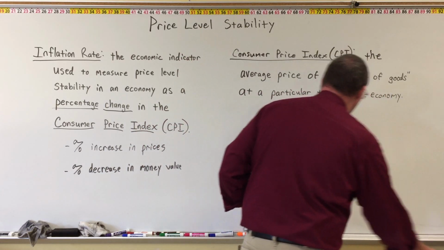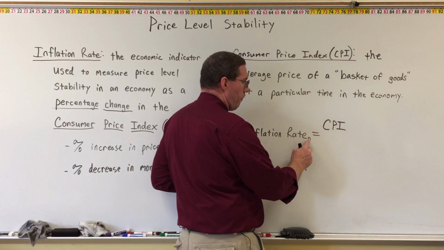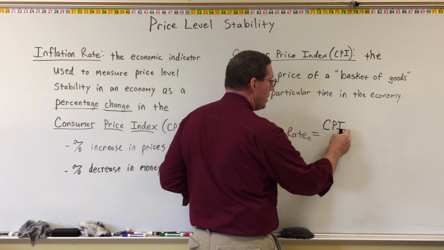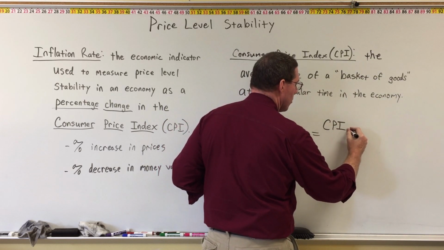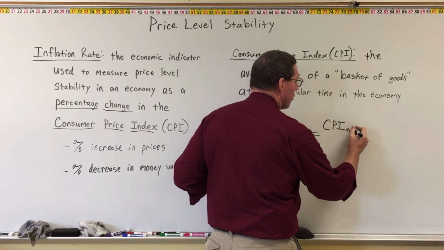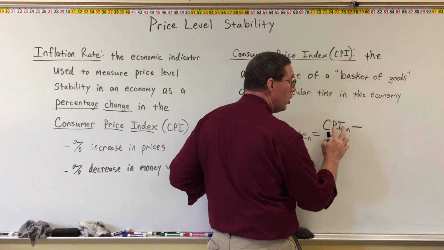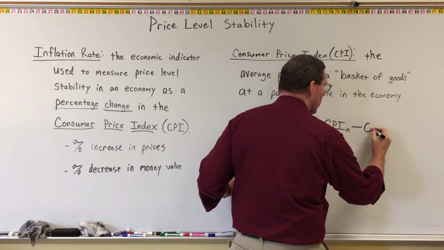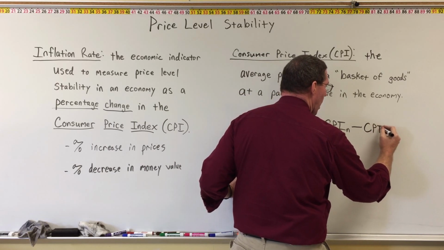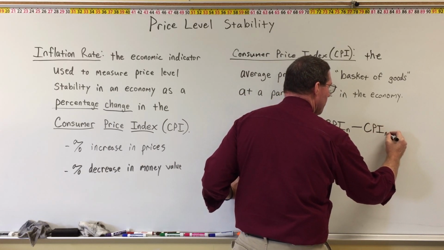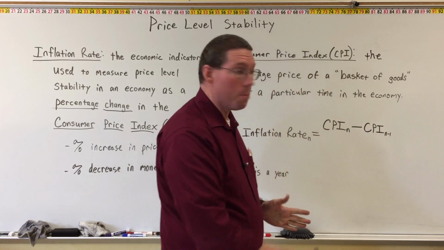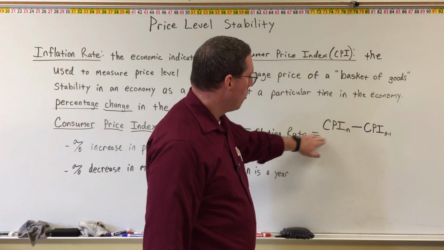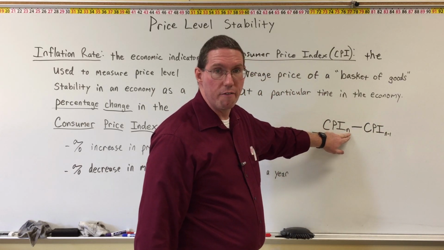Okay, so to get the inflation rate for a year, you're going to take the CPI of that year, so sub n, and you're going to subtract away, now this is the new number, you're going to subtract away the old CPI. You're going to subtract the CPI of n minus 1, the year before. So if we want to know 2007, we're going to get the CPI for 2007.